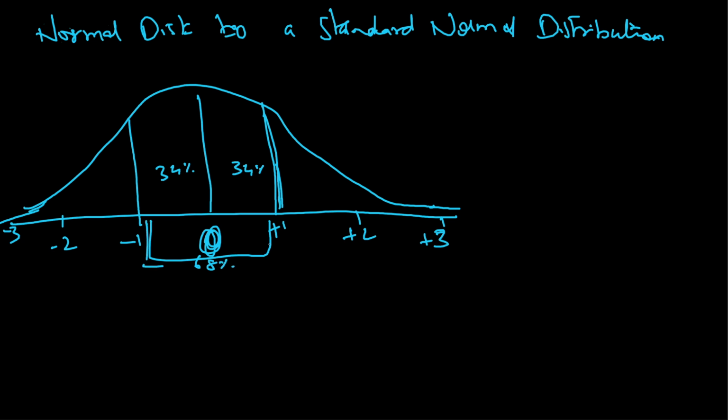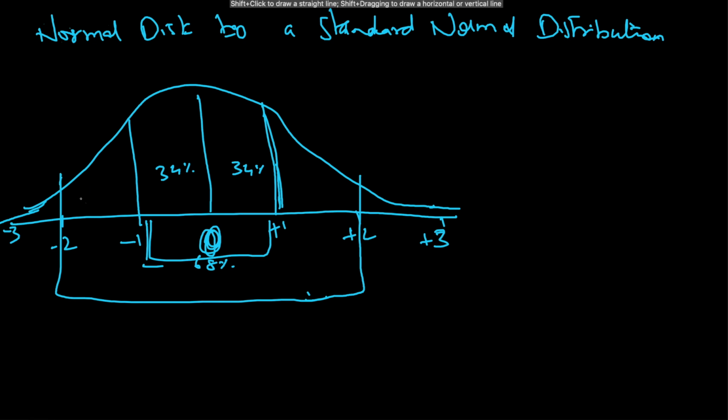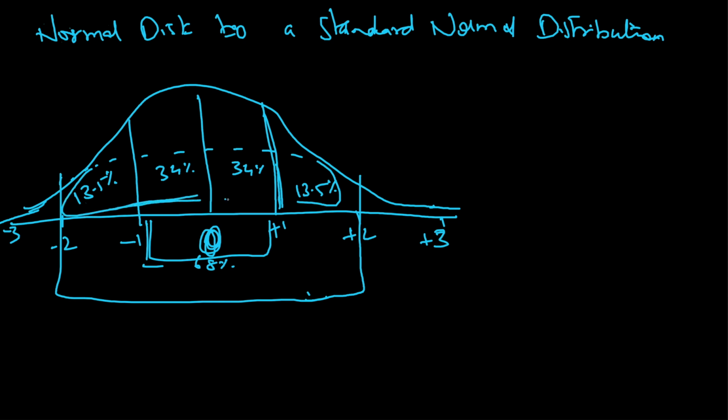Then if I want to cover till 2 standard deviations, this part will cover 13.5%, between 13.5 to 14% you can take. And so overall, if I add up all of this, it will come to 95%.